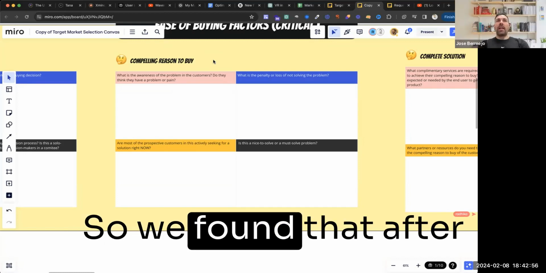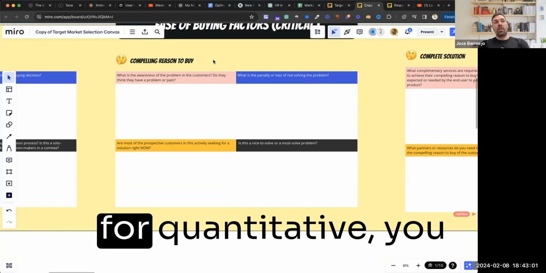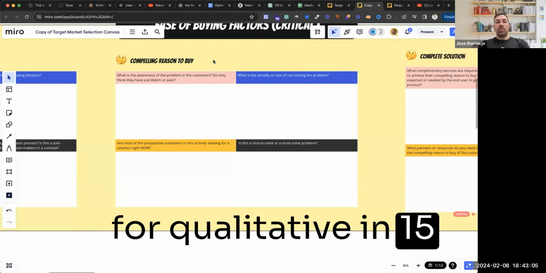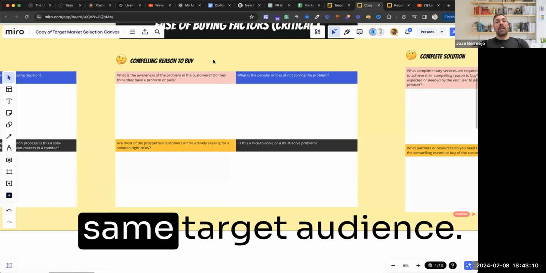So we found that after 15 interviews, qualitative interviews, it's not like quantitative. For quantitative, you need a big base. But for qualitative, in 15 to 20 interviews, you will see patterns. But they must be the same target audience.